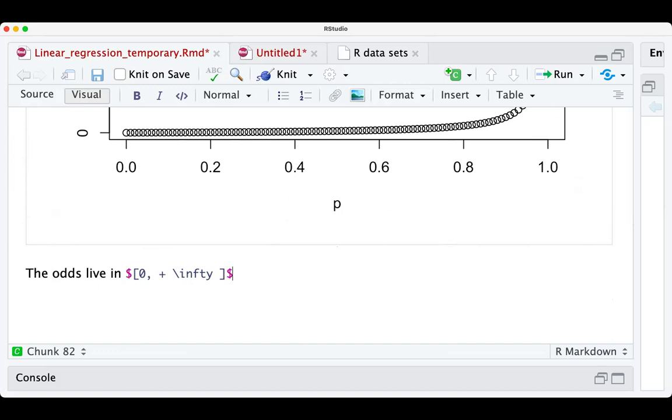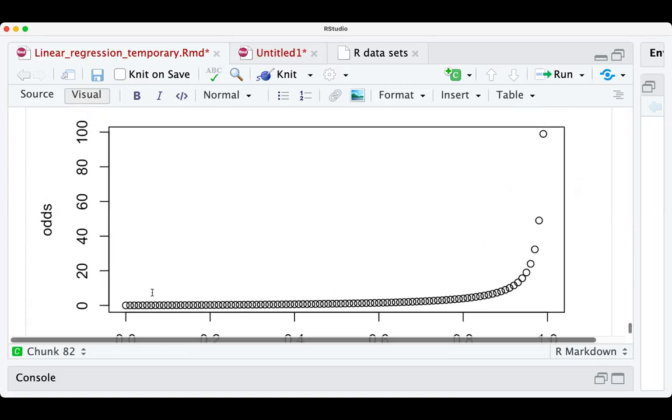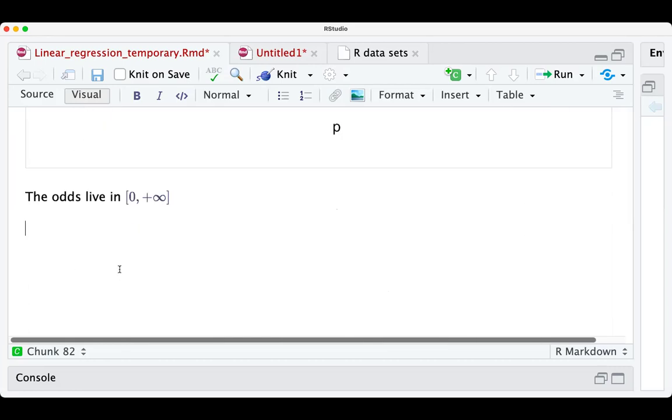You see the odds are on the vertical axis, and they don't take negative values, but only positive values. So that's it.